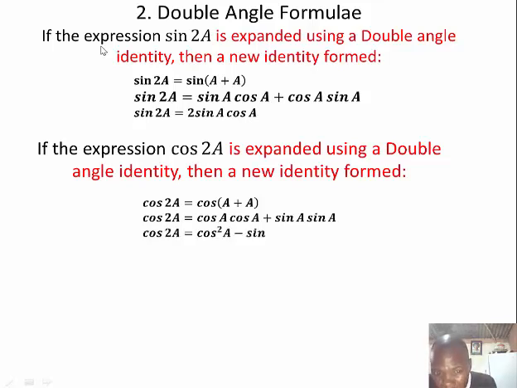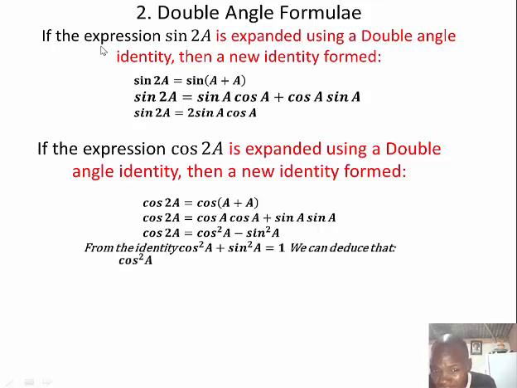You have cos 2a equals cos squared a minus sine squared a, right? From this identity, cos squared a plus sine squared a equals 1. Remember that identity, everybody knows it. We can therefore deduce that cos squared a equals 1 minus sine squared a.